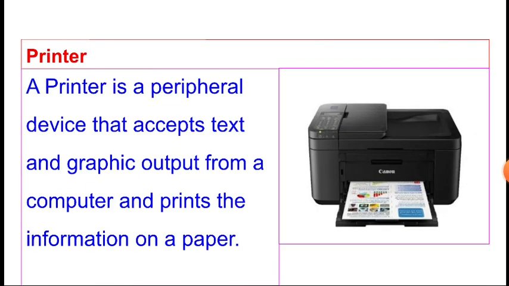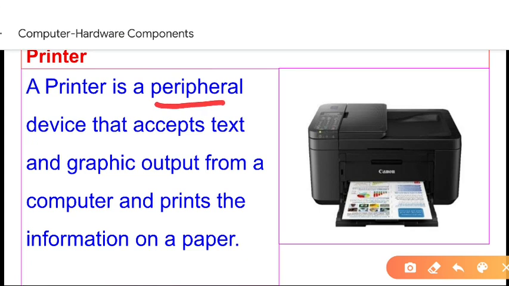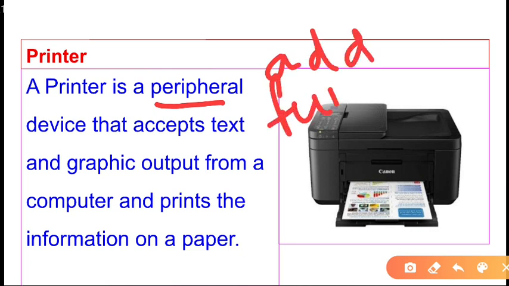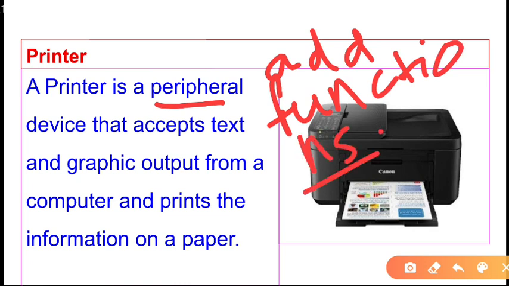So what is a peripheral device? A printer is a peripheral device. What is the meaning of peripheral? I already told you in the previous lecture that peripheral devices are those devices that connect to the computer to add new functions to it.